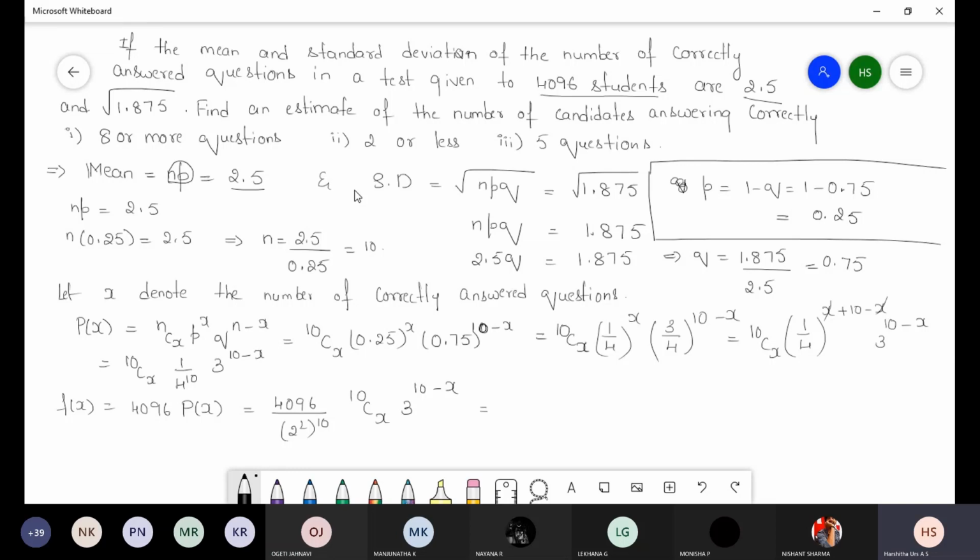If you do the factorization of 4096, we get 2 power 12 divided by 2 power 20.